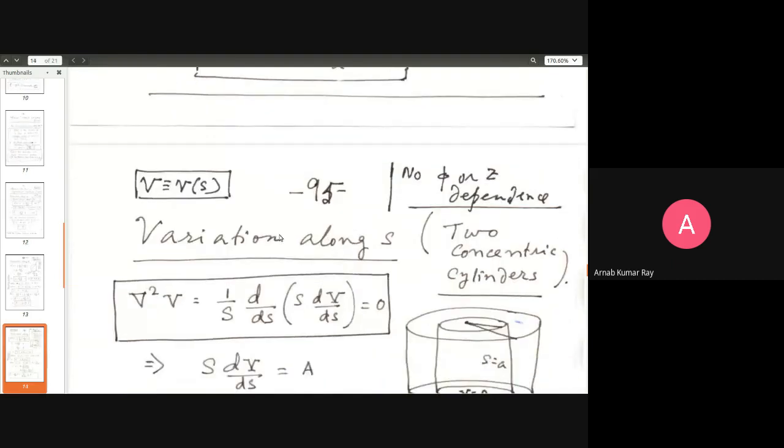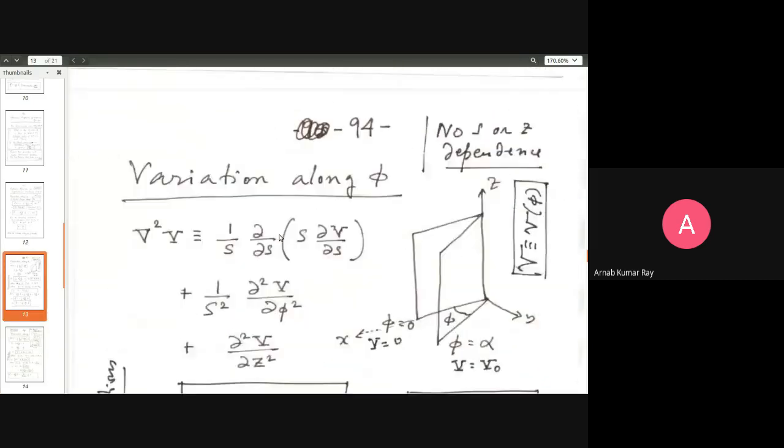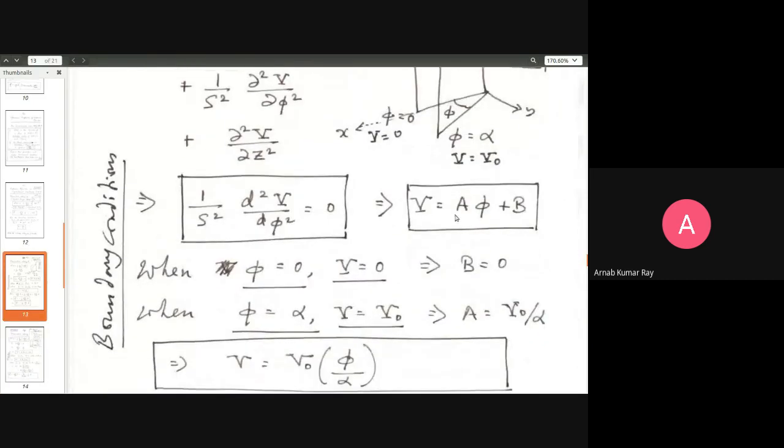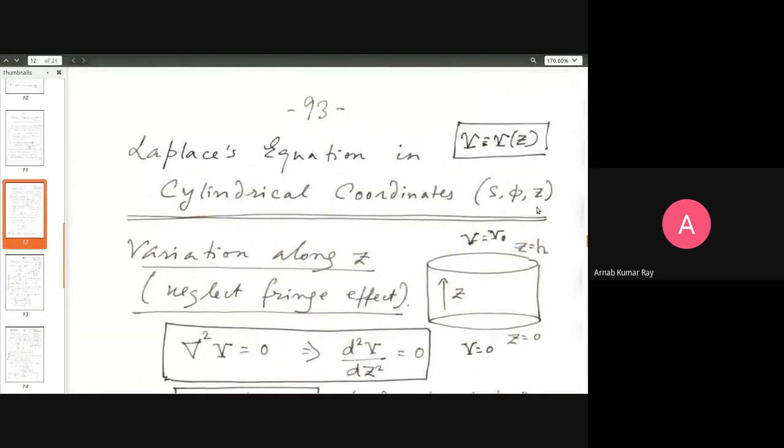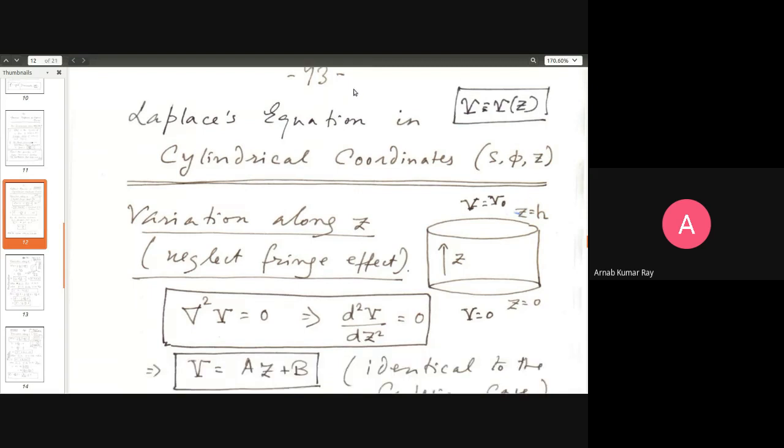One thing that, once again, I'd like to stress is that we have solved for the z variable and the phi variable going from back to front, z, phi, and s. There is a reason why I'm going from back to front, because z is fresh in our mind, like we have discussed in the Cartesian system. And we have seen that x, y, z in the Cartesian system will give you three straight line solutions, each of them depending on x, y, and z.